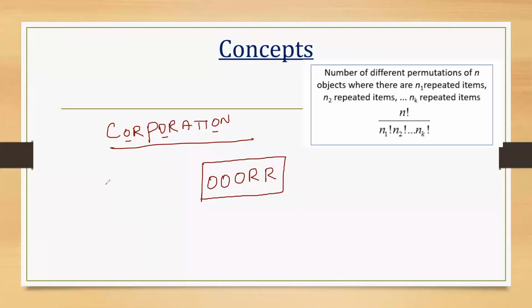Okay, then the vowels, so I will write O, O, O, A and I here. Take them as one, a single person. The remaining we have C, R, P, R, T, and N.